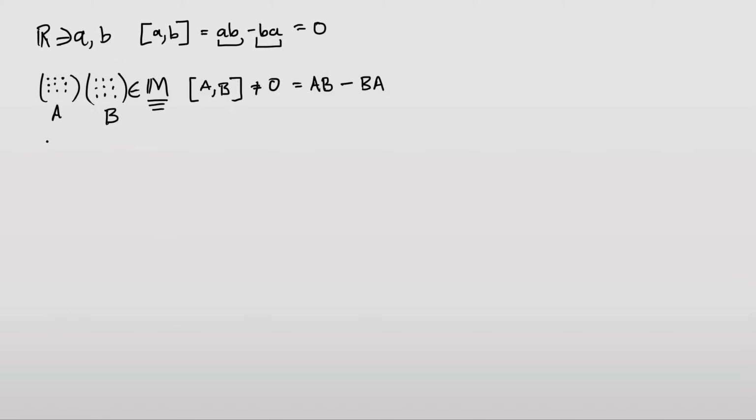So when we say the commutator of two elements A and B, this defines whether we are working with reals, with a class of matrices, with complex numbers, with quaternions, and so on, and octonions.